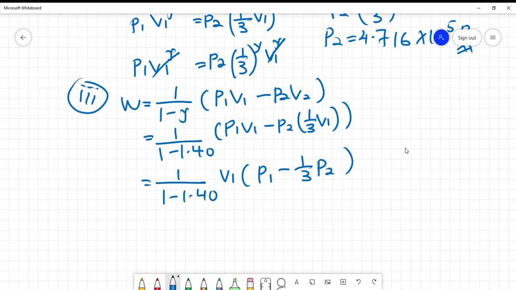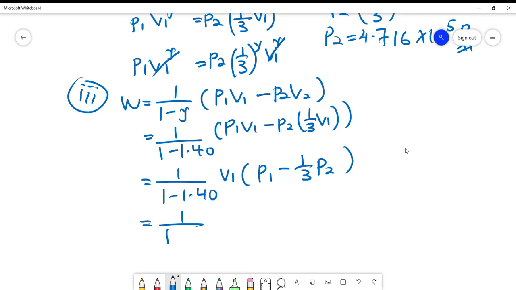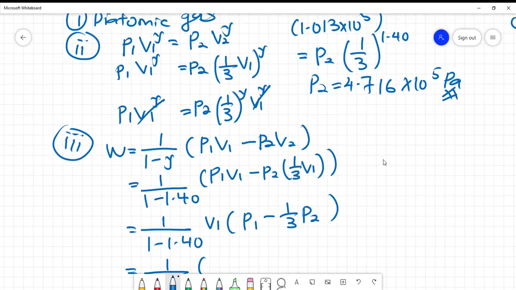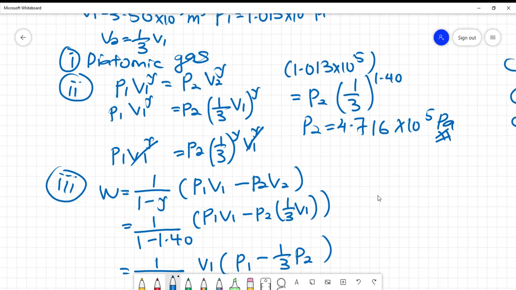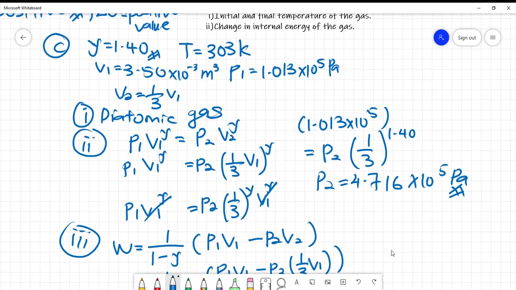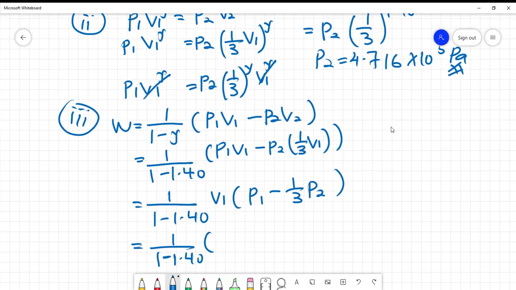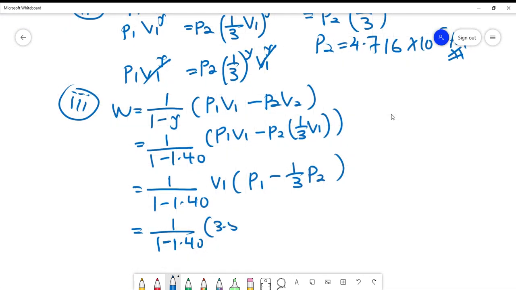Okay, so 1 minus 1.40. What will be my V1? My V1 basically is 3.5 times 10 to the power negative 3.